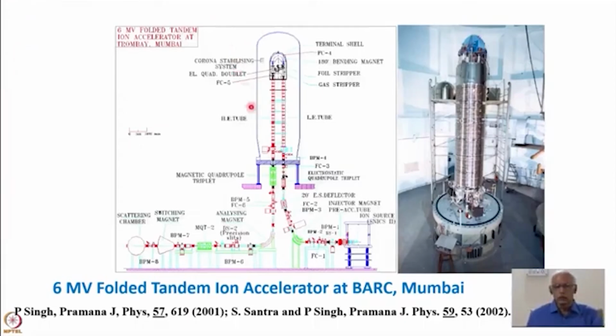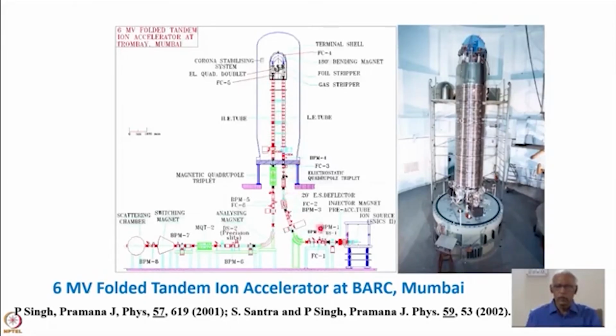Just to describe what FOTIA means: a folded tandem ion accelerator has an ion source here which produces negative ions. Since it is a folded tandem ion accelerator, there are two accelerating tubes inside the column section. One is here and the other one is here.